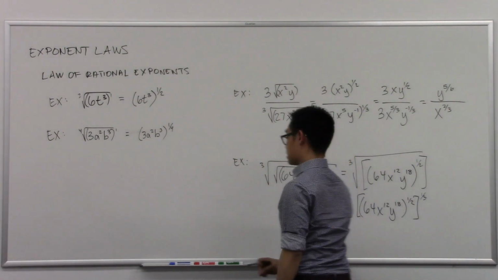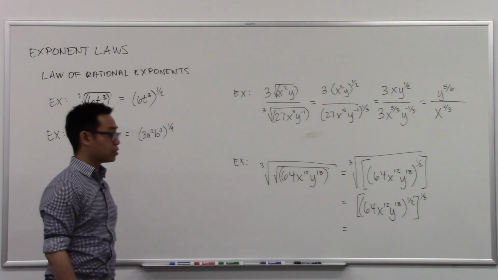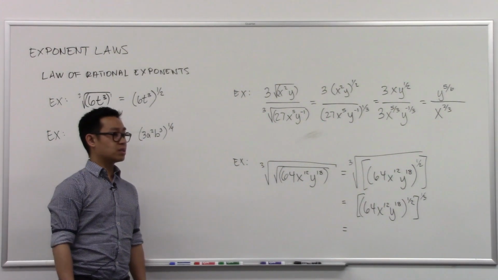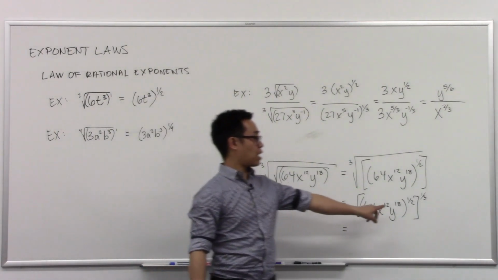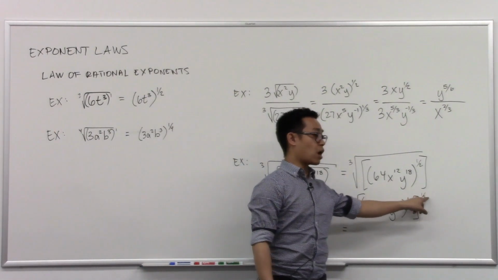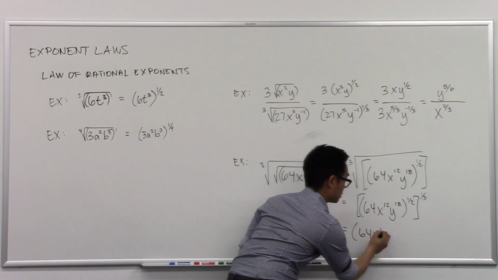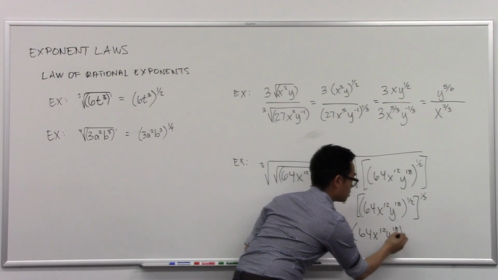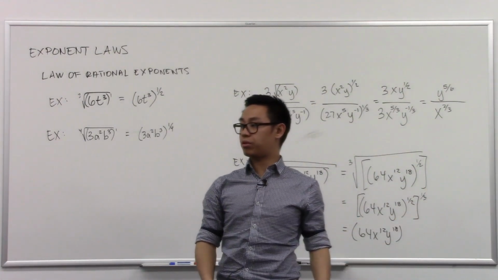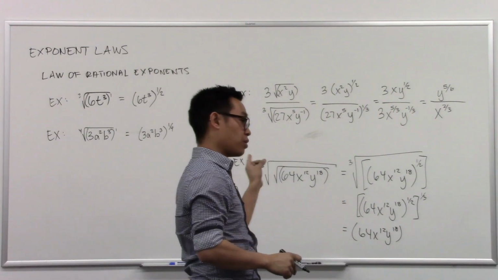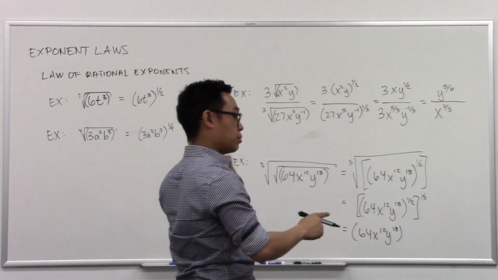How do you answer this? Law of power says when you're raising a power to an exponent, you keep the base. And what do you do with the exponents, 1/2 and 1/3? Multiply. When you multiply fractions, you go top to top, bottom to bottom.